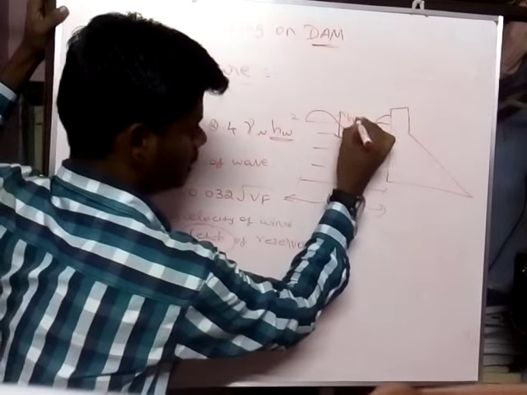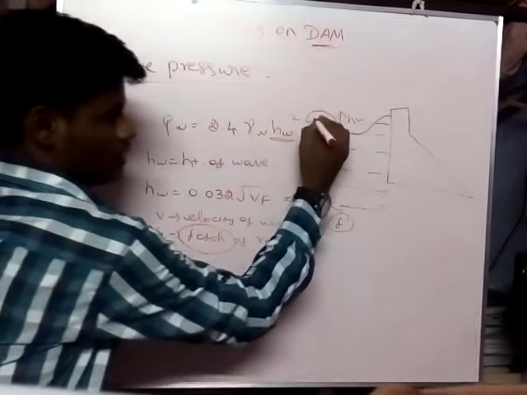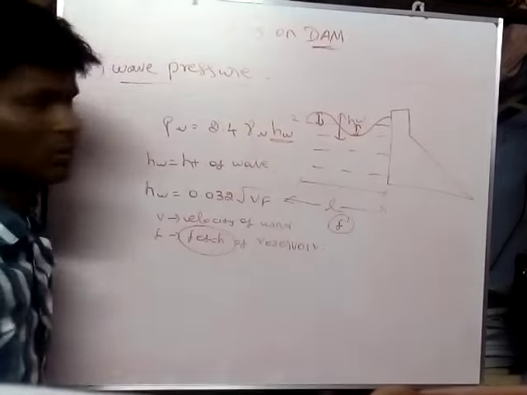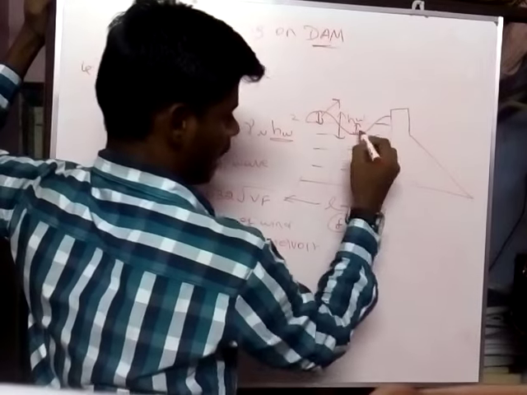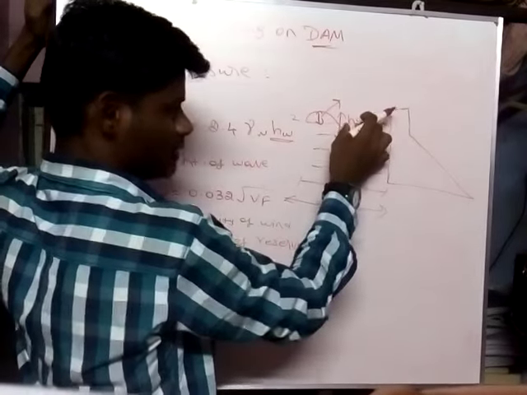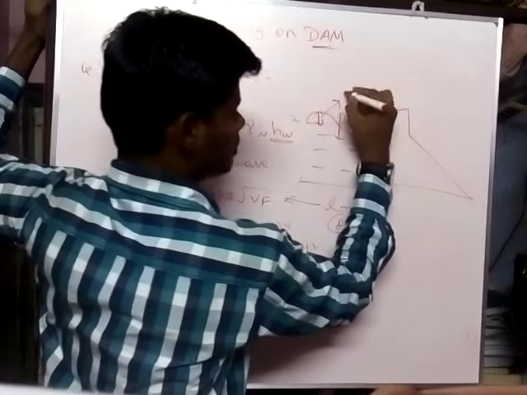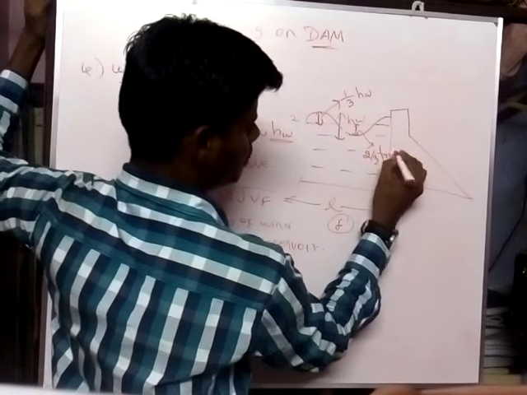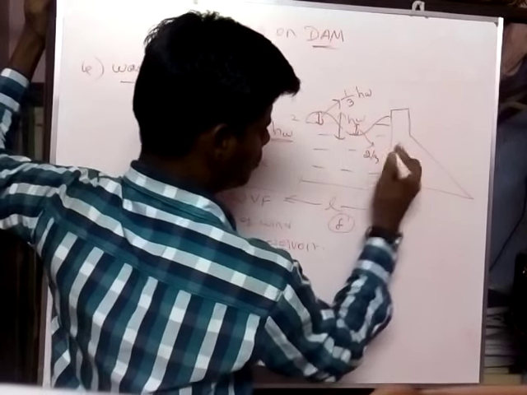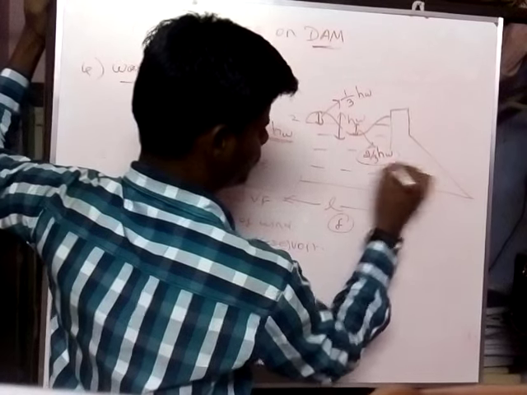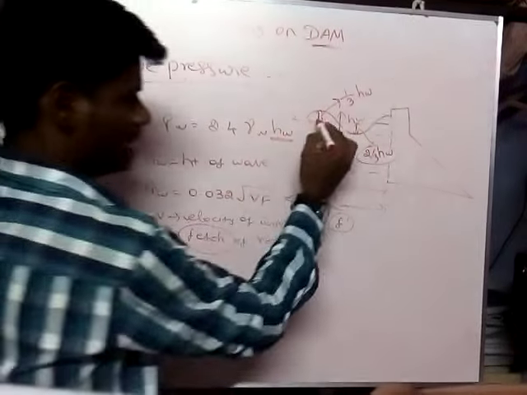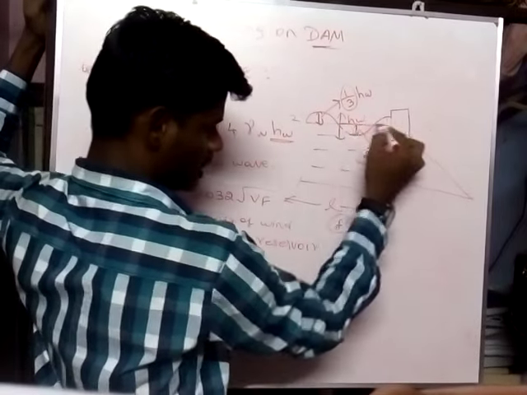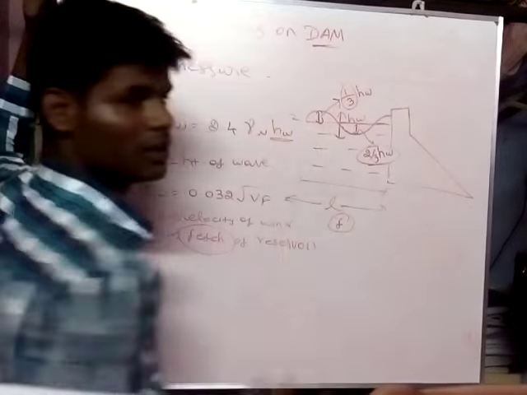This is the height of wave, HW. Above the water level it is 1/3 of HW, and below the water level it is 2/3 of HW.